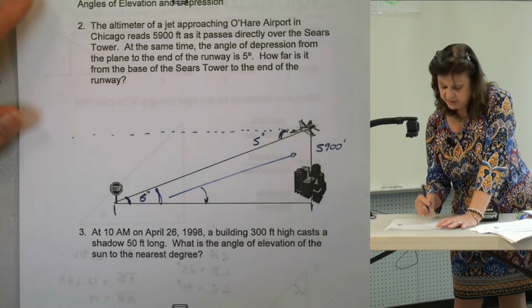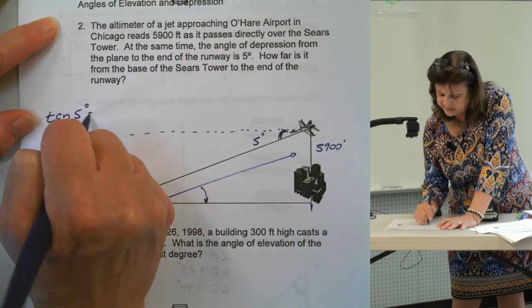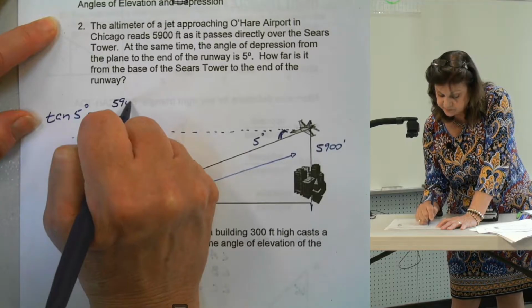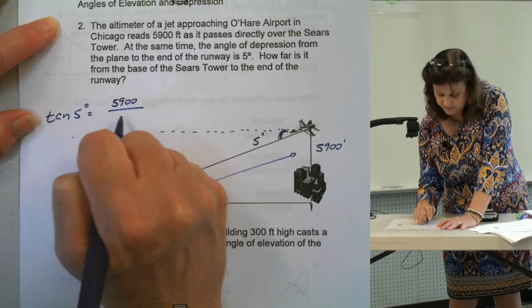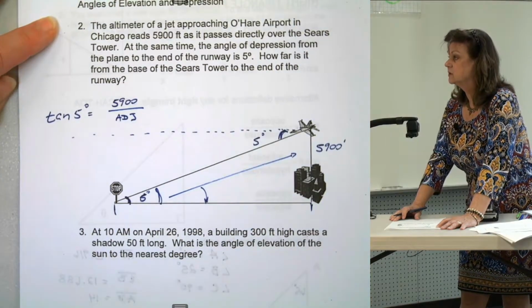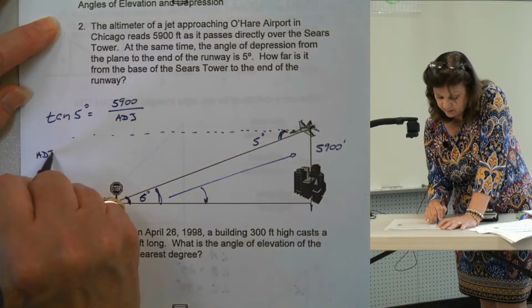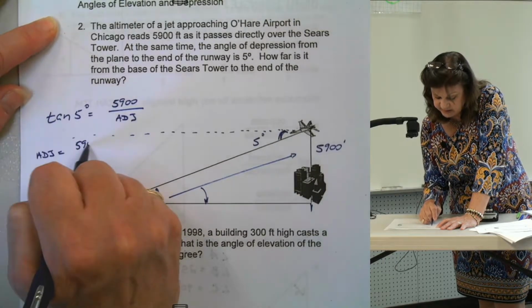Yes, it's tangent. So the tangent of 5 degrees is opposite over adjacent. And that's, of course, what we're looking for. So we're going to multiply both sides by adjacent and divide both sides by the tangent of 5.